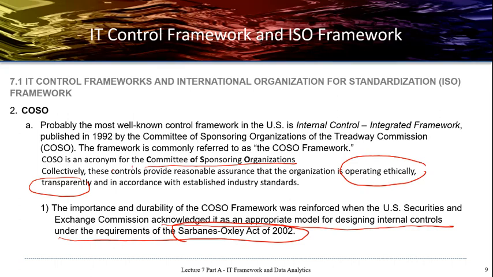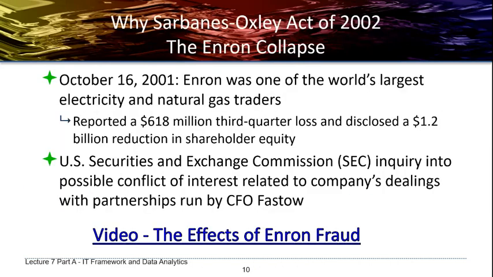The reason for bringing this act in the United States in 2002 was the biggest energy company in the US, Enron. The Enron collapse happened in 2002, and it created a big issue in the United States market.